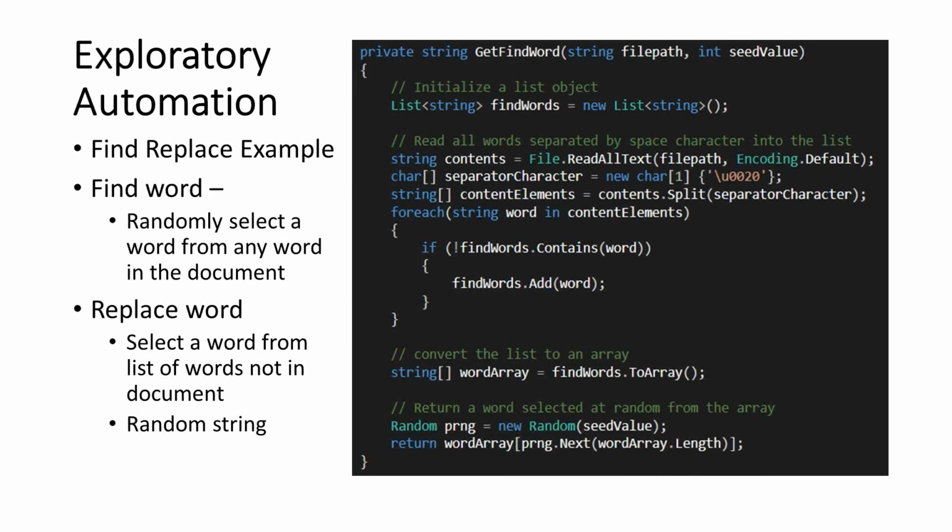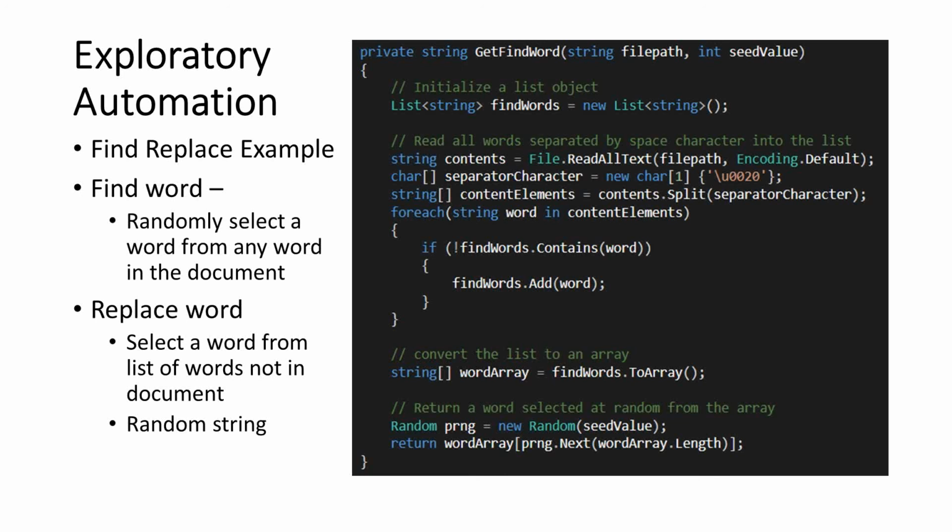One of the ways that I could introduce variability into our find-replace test is, instead of hard-coding Samuel Clemens as the find criteria, as the words to find in my text, I'm going to read the text from the data repository.